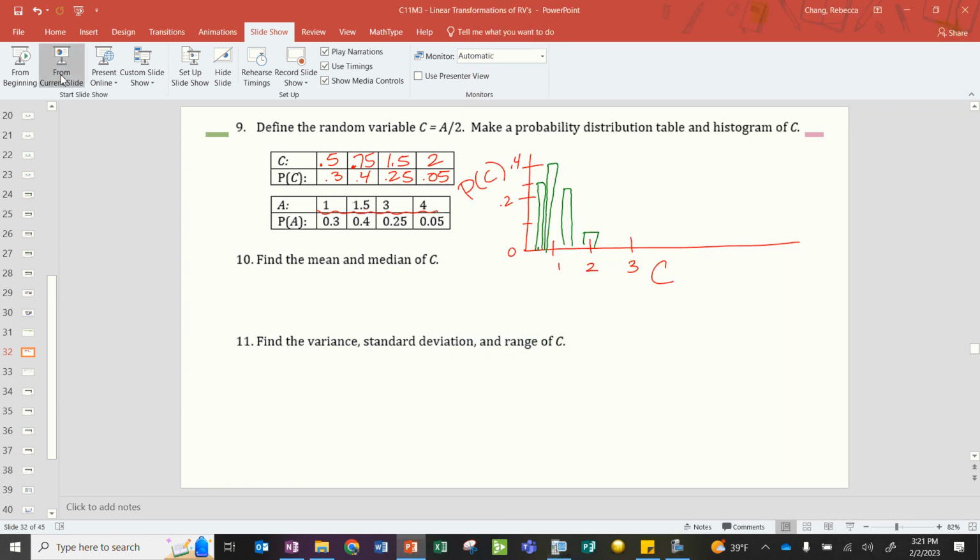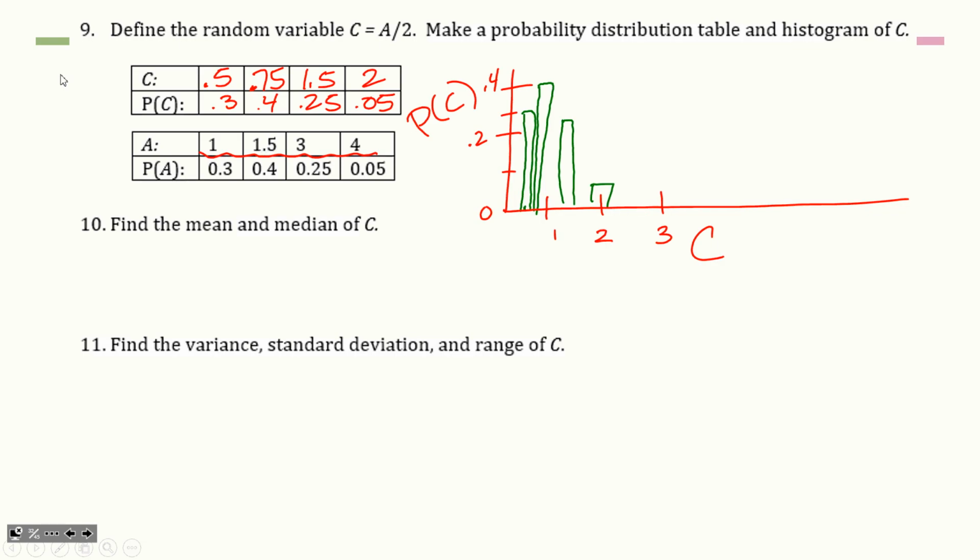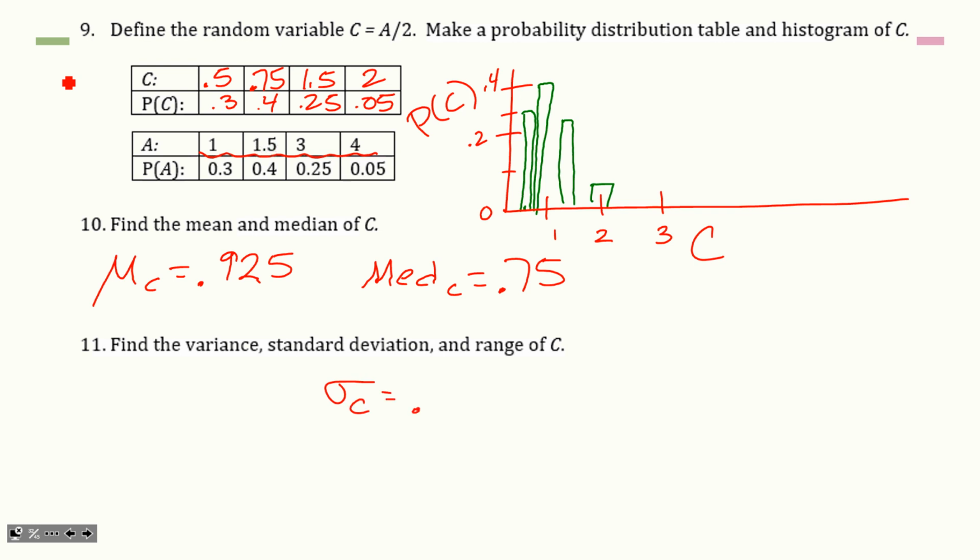All right, I'm going to come back, write this stuff all down. So the mean of the random variable C was 0.925. The median of the random variable C was 0.75. The standard deviation was 0.45.